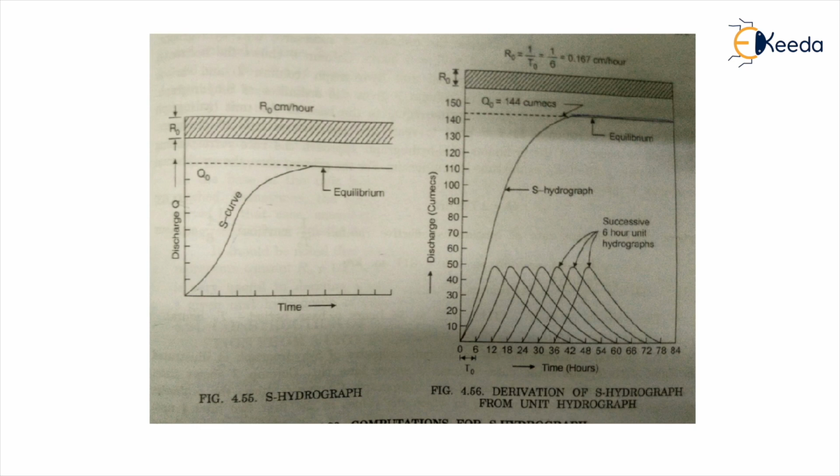Because of this we can easily find the 24-hour unit hydrograph by the lagging system, and we can find the unit hydrograph ordinates. In this situation it is not necessary to adopt the S-curve hydrograph.